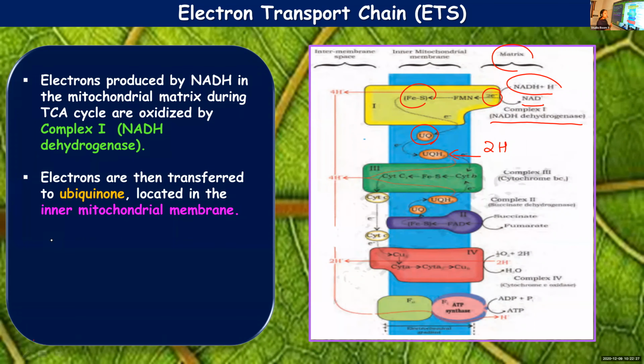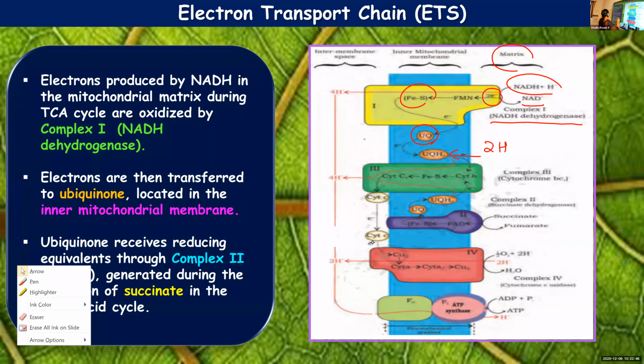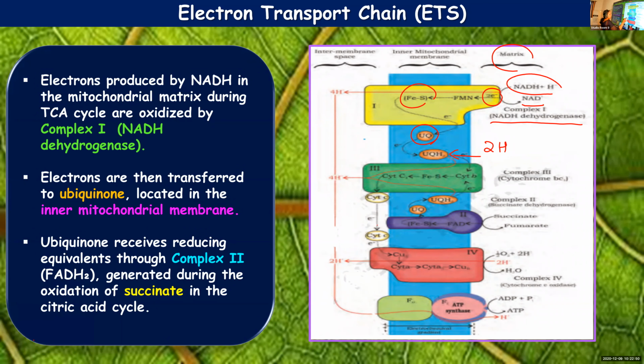So apart from these 5 complexes I told, we have 2 more prosthetic groups known as ubiquinone and also cytochrome C. And cytochrome C, its location, you can see, is on the outer surface of the inner membrane, whereas ubiquinone is located in the inner mitochondrial membrane.